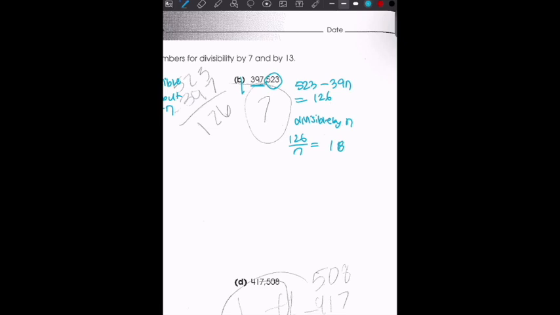But then when we try to divide it by 13, it's not divisible by 13. So we're going to say not divisible by 13. And so for the number 397,523, it's divisible by 7, but not 13.